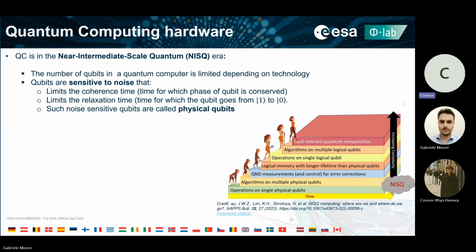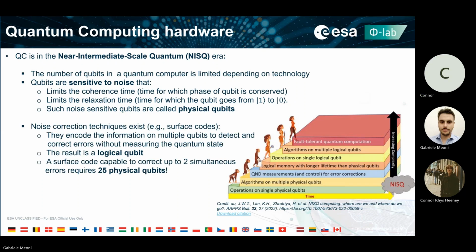That's why the qubits that you physically have on your computer are called physical qubits. There are noise correction techniques that allow you to capitalize on multiple physical qubits to create a logical qubit, a noise-resistant qubit. But just to show you the scale, for instance, a system using the so-called surface code, a technique to detect and correct errors, requires 25 physical qubits to create only one logical qubit.